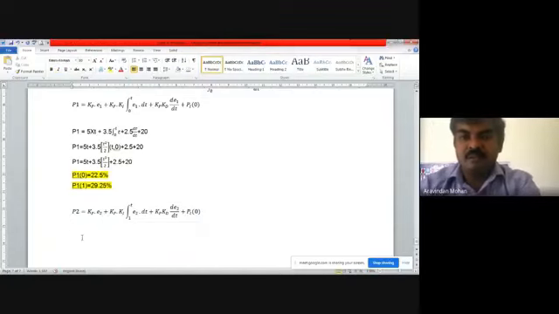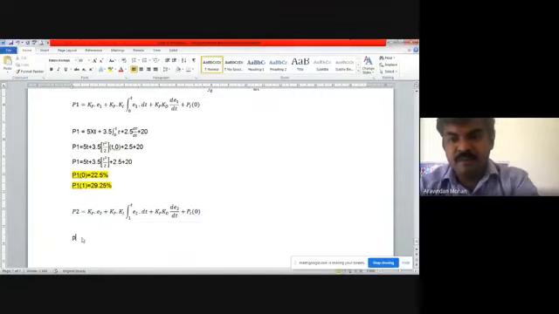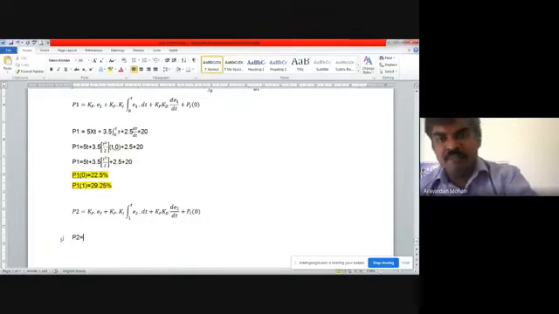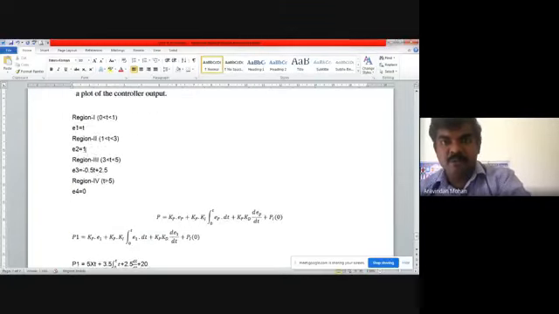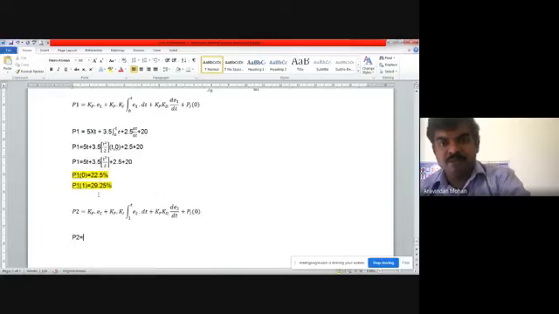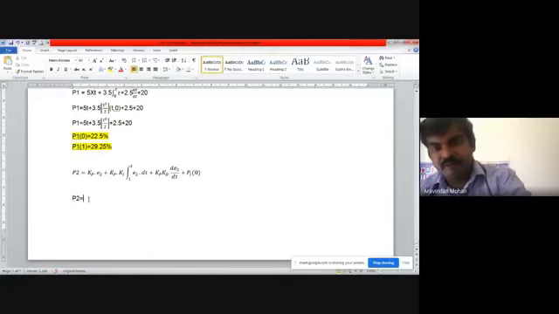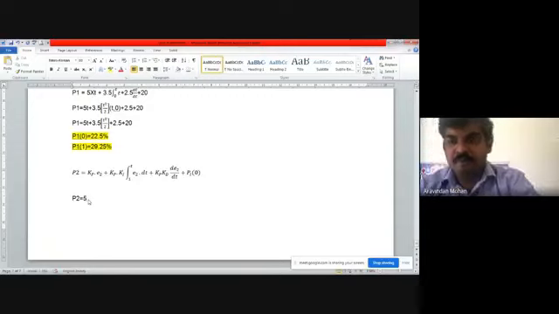Now P2 is equal to, what is Kp? Kp value is 5 and E2 is equal to 1. Since we are having the E2 value equal to 1, so 5 into 1 plus Kp into Ki.